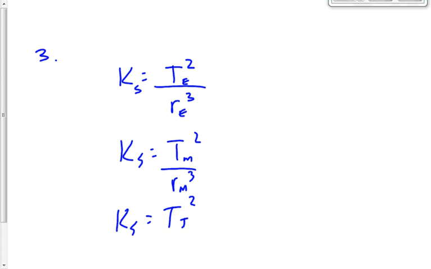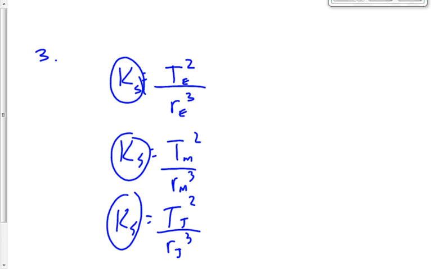As long as we're dealing with data for an object revolving around the sun, T squared over R cubed will be the same. K for the sun will be the same whether we use data for the Earth, Mars, or Jupiter. That's helpful because it allows us, given data for one planet, to solve for data for another planet.